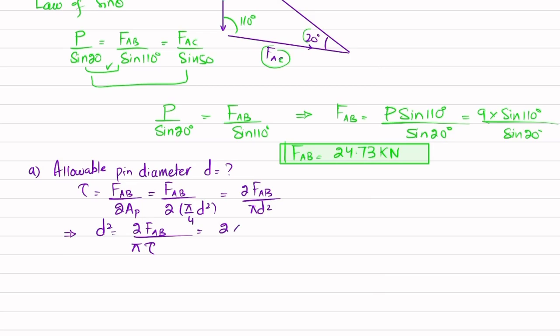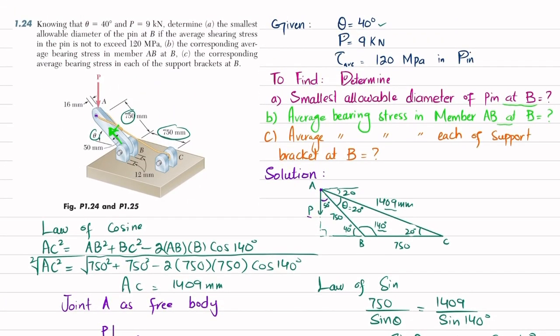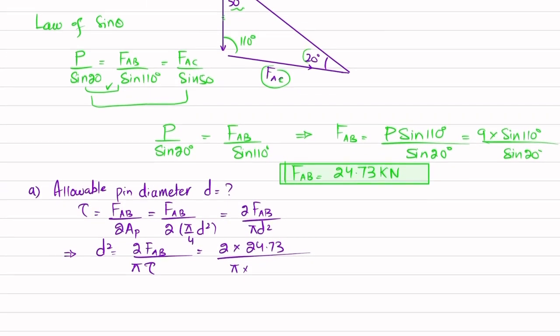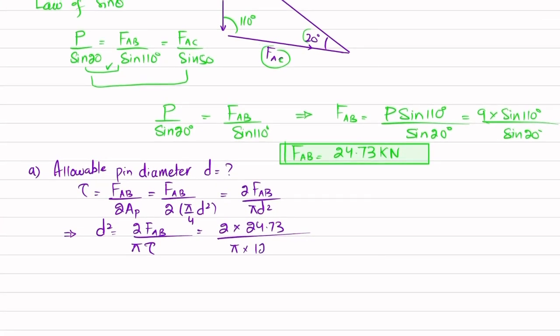Put the value: 2 multiplied by FAB, 24.73, divided by pi, and allowable shearing stress is given as 120 megapascal, so 120 into 10 raised to power 6. Here 24.7 kilonewton, so we will multiply 10 raised to power 3 as well. So D square will be equal to 131.18 into 10 raised to power minus 6 square meter.